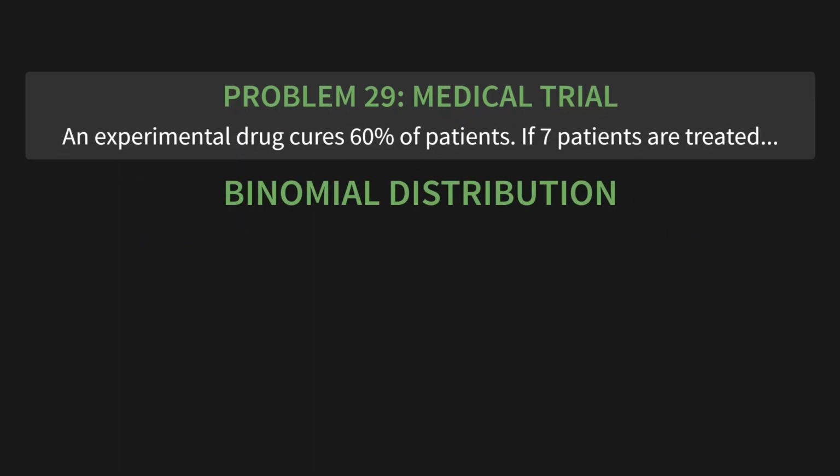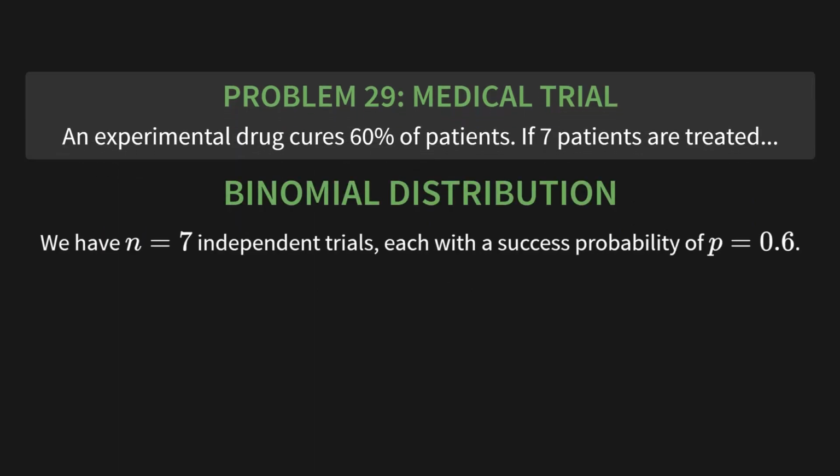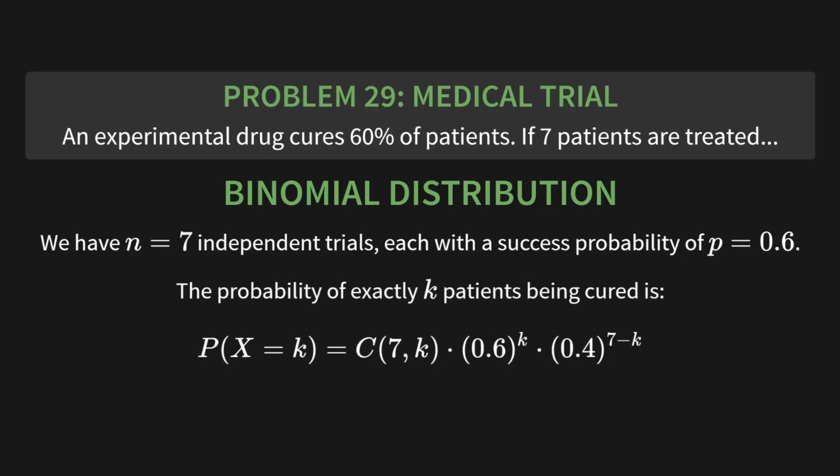We have n equals 7 independent trials, where each has a success probability of p equals 0.6. The probability of exactly k patients being cured is given by the big formula here: C of 7, k times 0.6 to the power of k times 0.4 to the power of 7 minus k.